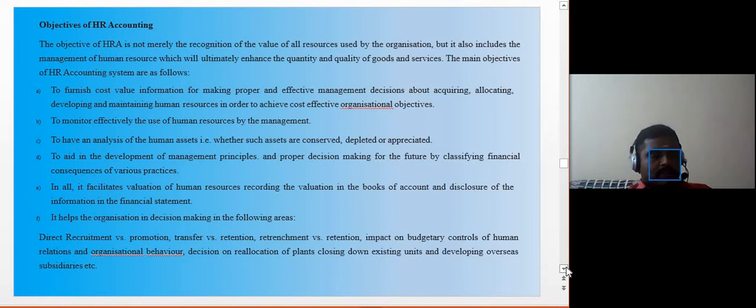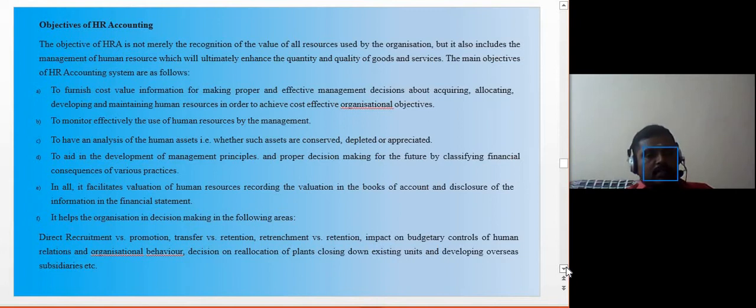The main objective of human resource accounting is first to furnish the cost value information for making proper and effective management decisions about acquiring, allocating, developing and maintaining human resources in order to achieve cost-effective organizational objectives. The second, to monitor effectively the use of human resources by the department. And the third, to have an analysis of the human assets, whether such assets are conserved, depleted or appreciated.